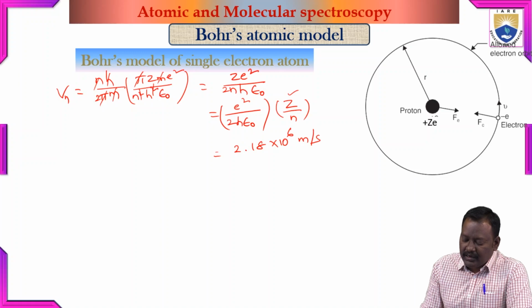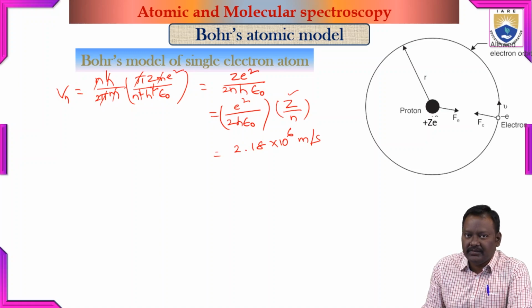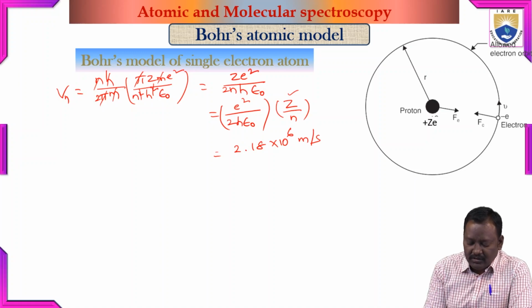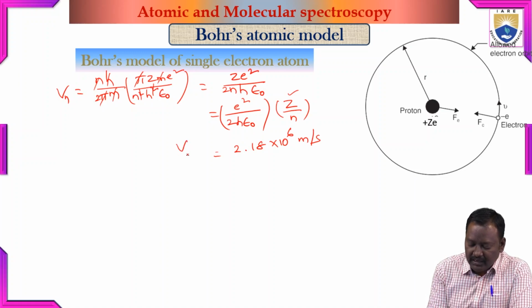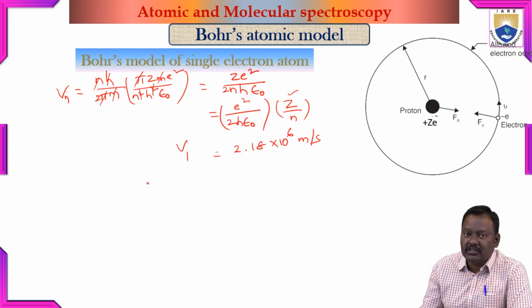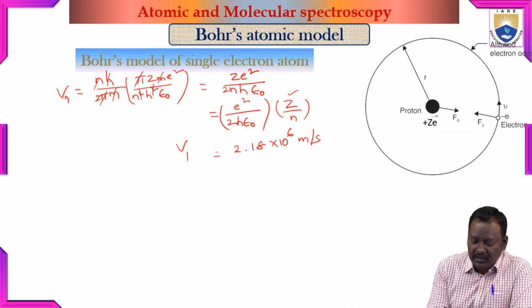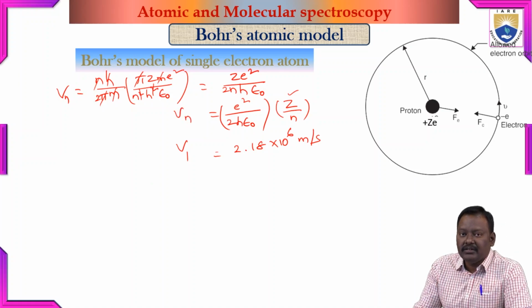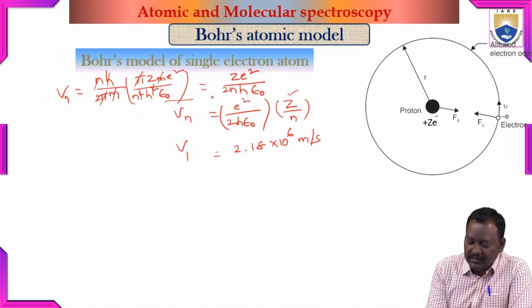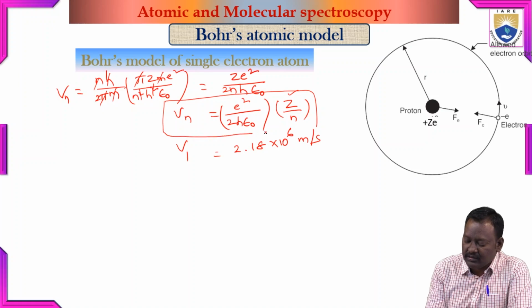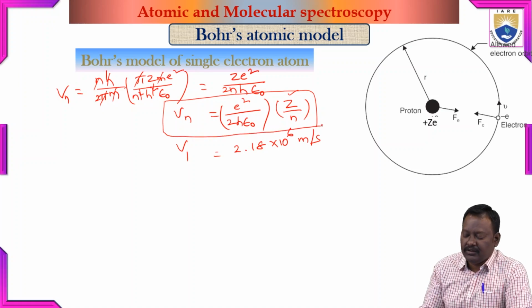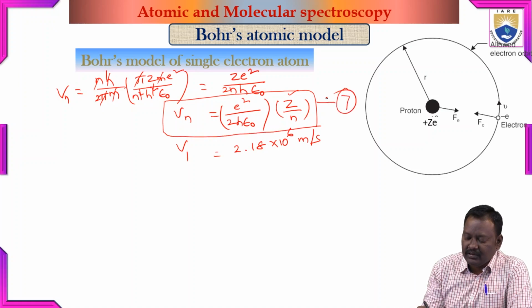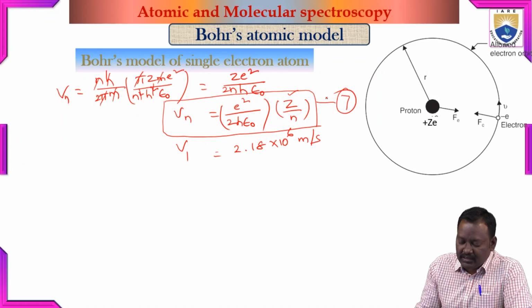It is less than the velocity of light. So this is the velocity of the first orbit for hydrogen atom. If you want to find the velocity of electron in different orbits for different single electron atoms, this could be considered as the formula. Let us say equation number 7.